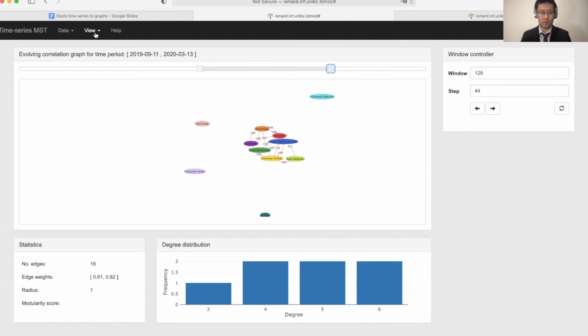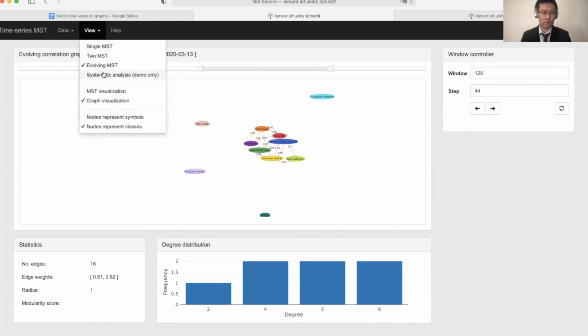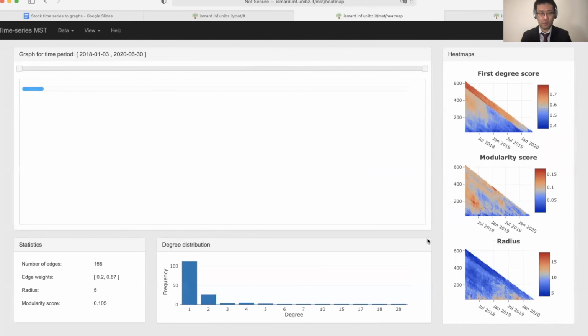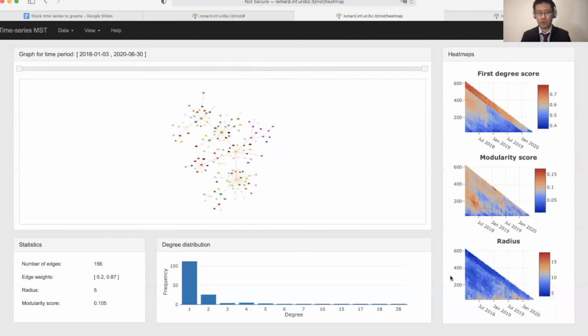So this takes me to the third modality, which is the heat map. For now, this is only for demonstration because the computation of this is fairly expensive, and we leave it as future work. In this modality, for example, we can use the first degree score to represent the sharpness of the degree distribution.